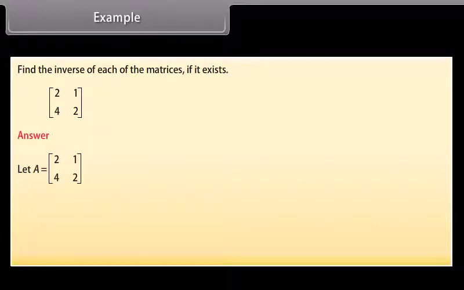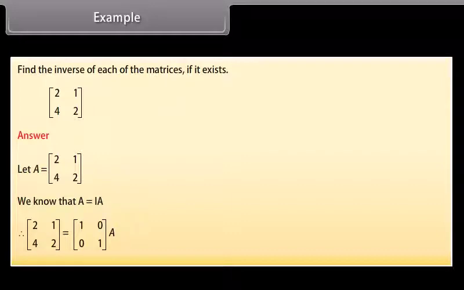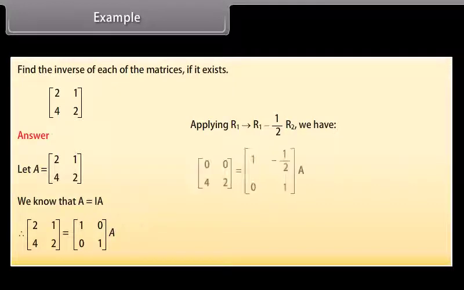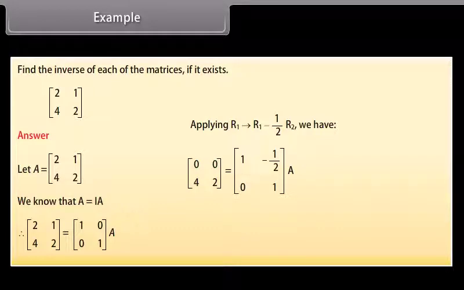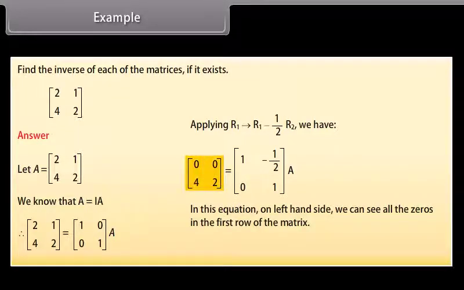Let the given matrix be A. We know that A can also be written as IA. Therefore, the matrix with first row 2, 1, second row 4, 2 is equal to the matrix with first row 1, 0, second row 0, 1 into A. Applying R1 changes to R1 minus 1/2 of R2, we have the matrix with first row 0, 0, second row 4, 2 is equal to the matrix with first row 1, -1/2, second row 0, 1 into A. In this equation, on the left hand side, we can see all zeros in the first row of the matrix. Therefore, A inverse does not exist.